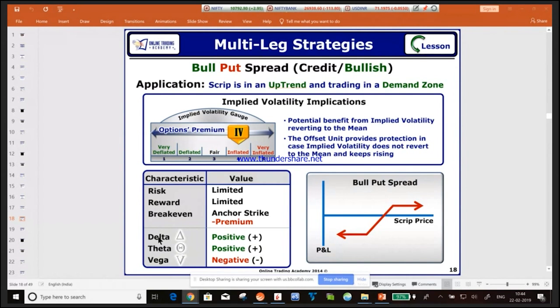So because you are selling options, remember Vega is positive when you buy options, negative when you sell options. Similarly, theta is negative when you buy options and positive when you sell options.